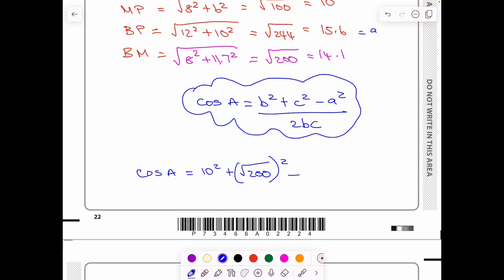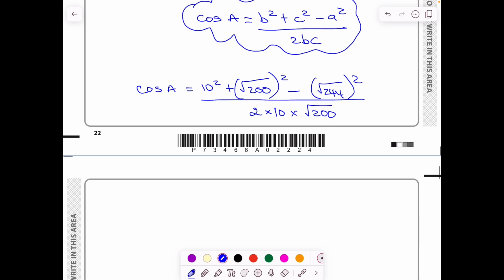Take away A squared, which is the square root of 244 squared, divided by 2 times 10 times the square root of 200.